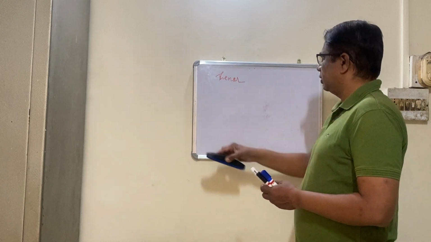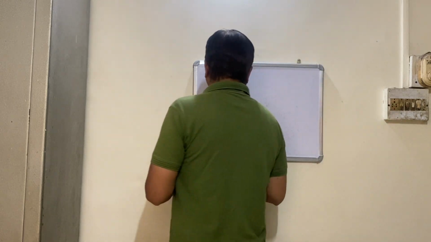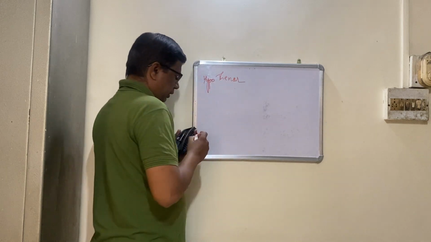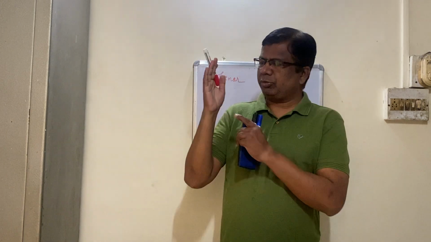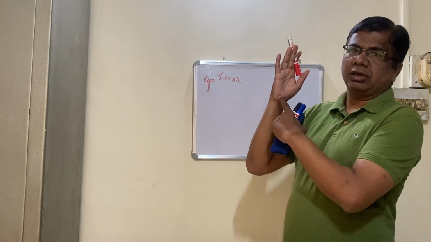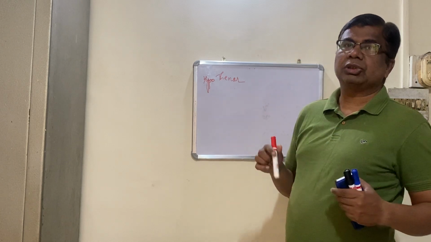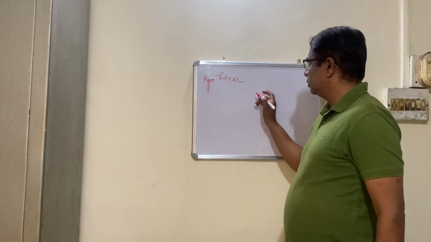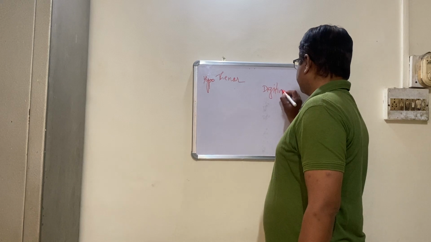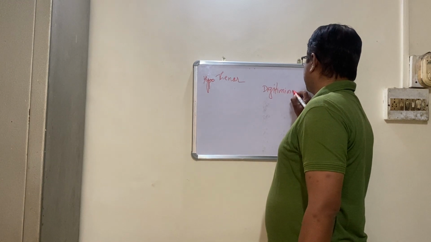Now the next group of muscles is the hypothenar eminence. This is the portion below the little finger, and this is called the hypothenar eminence. Here the little finger is called digiti minimi.